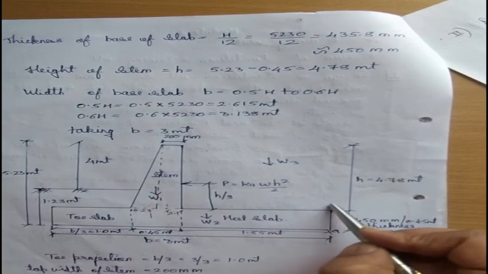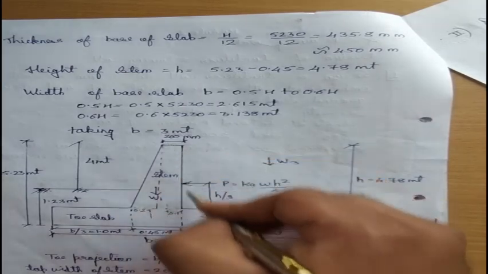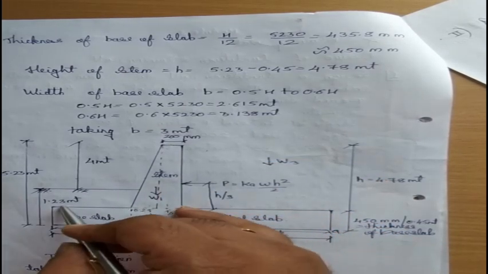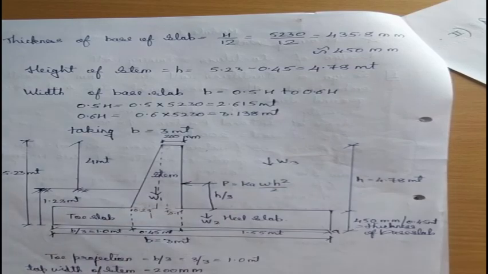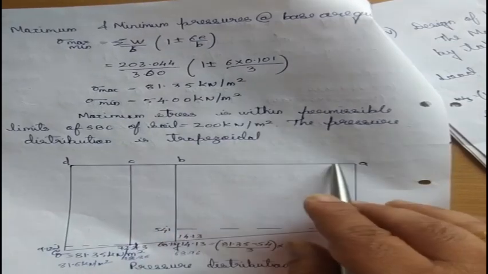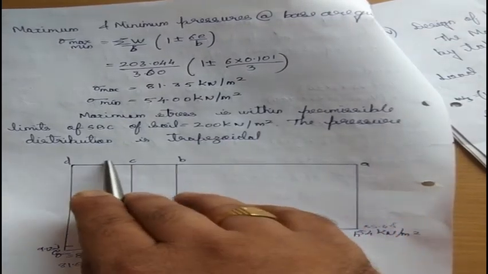A is this edge of the heel, B is the base of the stem, C is also base of the stem, and D is the toe slab end. So this is what distribution I am marking here. So this is nothing but A, B, C, D. Hope you got. So this is 1.55 meter, this is 0.45, and this is 1 meter.